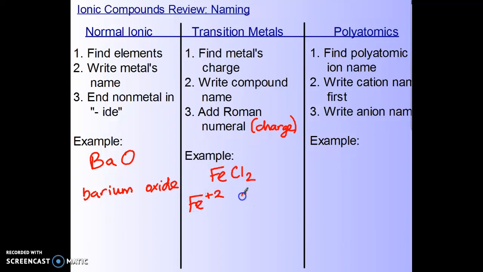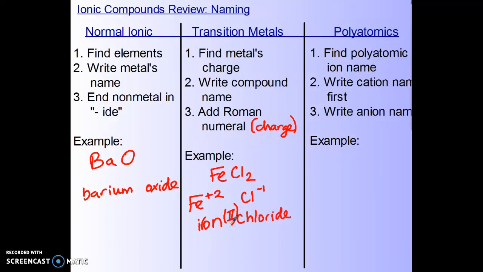All right, and that chlorine is always -1. Okay, if we have 1 iron, then that would be -1. But also we can look at the periodic table and see that chlorine has a -1 charge. Okay, so when I write the name of this, this must be iron chloride, but then in the middle goes the Roman numeral, and that Roman numeral has to represent the charge of the iron, so it has to be iron(II) chloride.